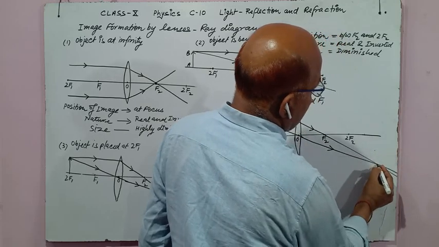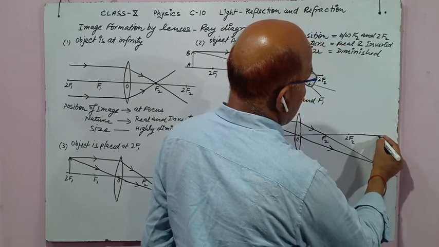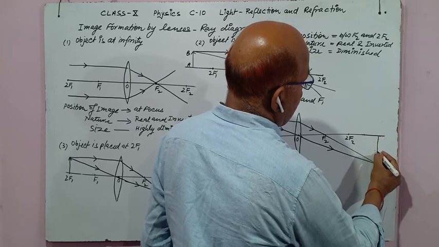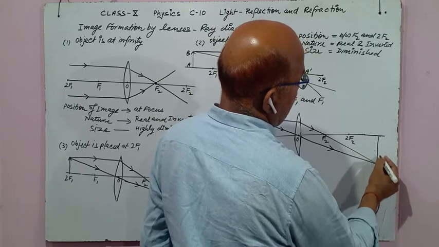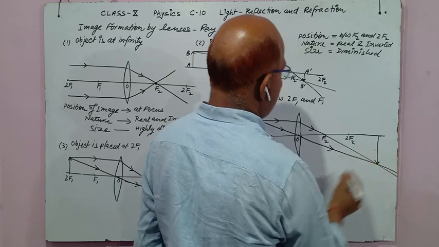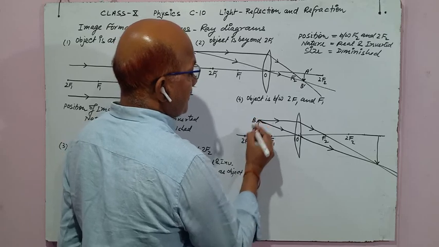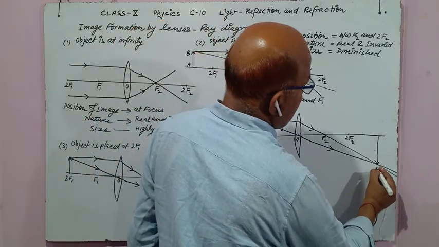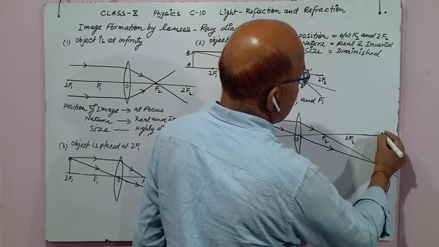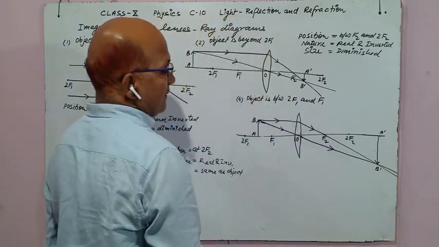So you can see here the two rays intersecting. So draw a perpendicular at this point. This is the image. Let AB be the object. So it is the head and it is B dash and it is A dash. A dash B dash is the image.